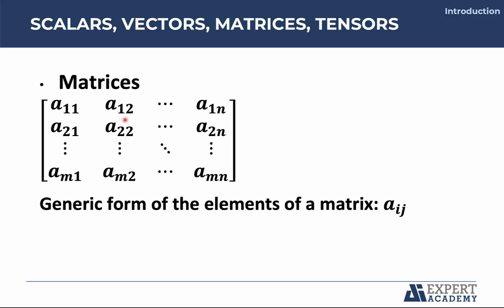For example, A12 means the first row and the second column. A21 means the second row and the first column. To get the positions, we consider from the left to the right and from the top to the bottom.